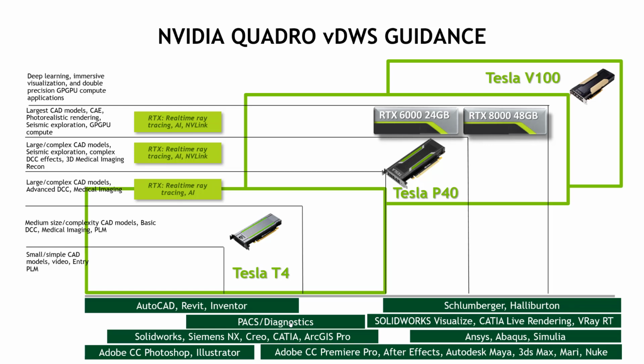If you're doing things like high-end CATIA workflows, maybe you're doing PACS, medical imaging, diagnostics, that kind of thing, then we're in P40 stroke RTX 6000 territory, with RTX 6000 being the preferred card there. Go up to high-end fluid dynamics and video editing, visual effects, that kind of thing, then we're in sort of RTX 8000 going into the V100 range. But this is just a ready reckoner for you to refer back to later to give you a rough idea.